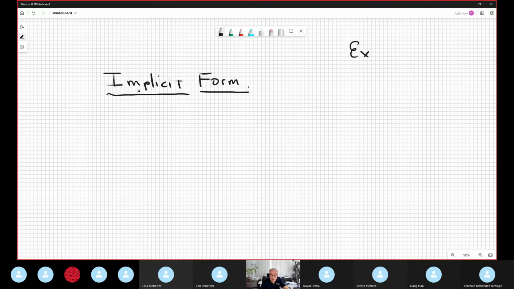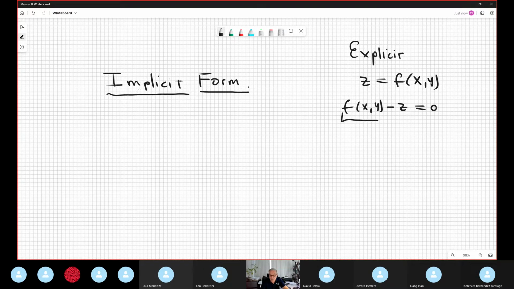Explicit, you know very well. Explicit is, for example, z equals f of x comma y. Suppose I want to express it in implicit form. Well, you move z to the other side, and you write f of x comma y minus z equals 0.